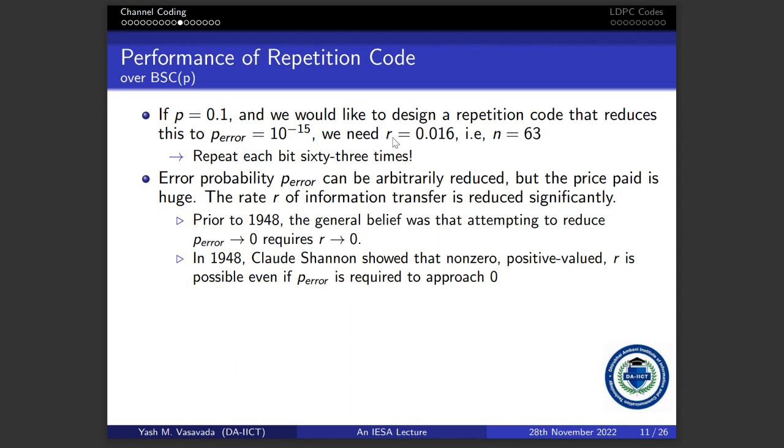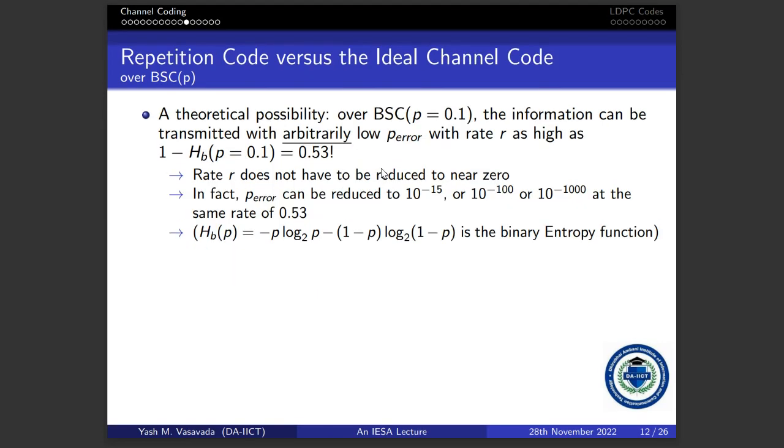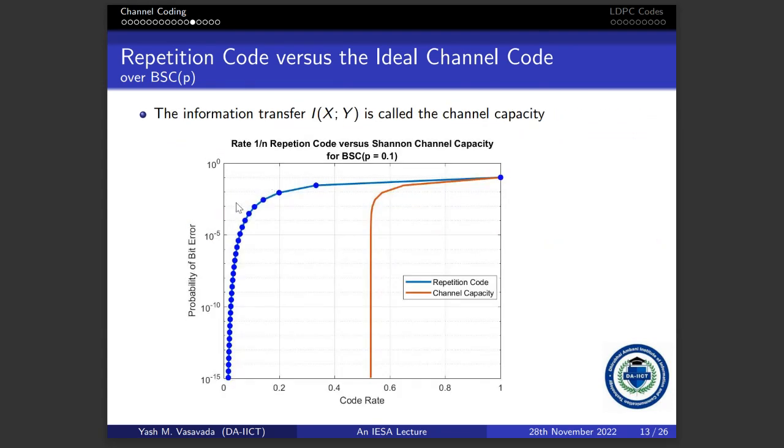Shannon said I can make the rate as much as 0.53, much better than 0.016. Instead of repeating each bit 63 times, maybe I will need to repeat each bit just 2 times, and still achieve arbitrarily close to zero error probability. He came up with this function, known as the entropy function, and through that he showed that instead of the blue chart, we can operate close to the red chart.